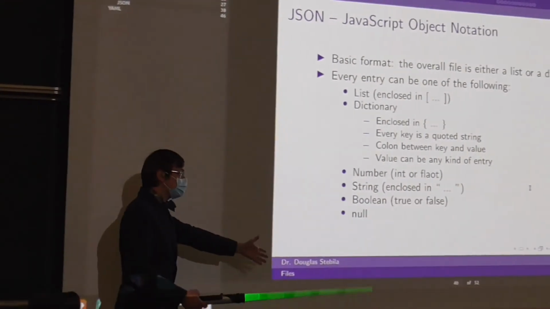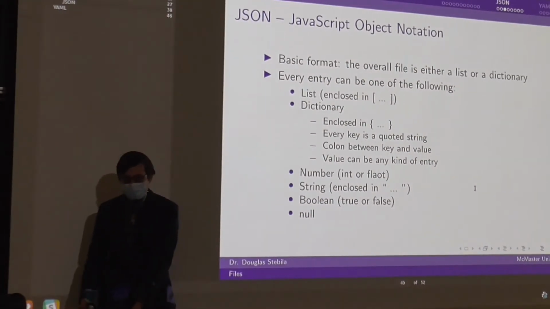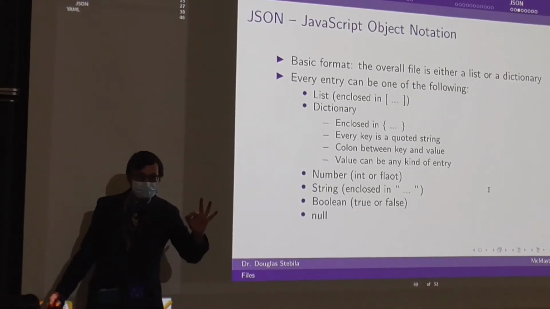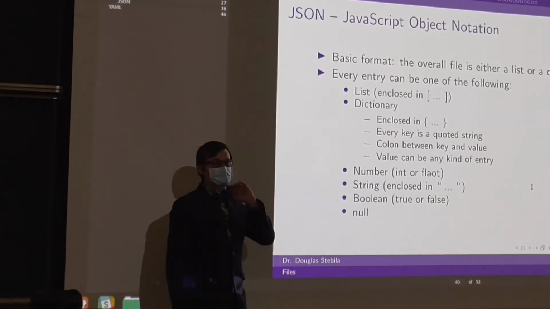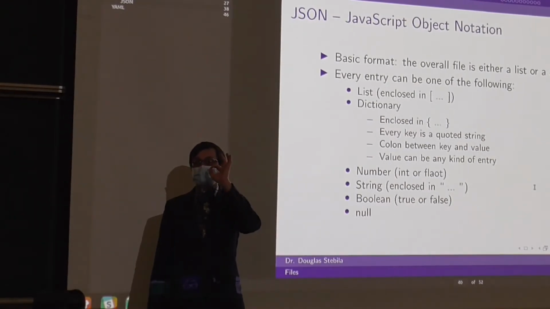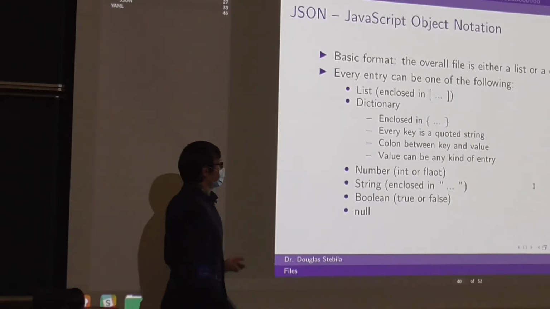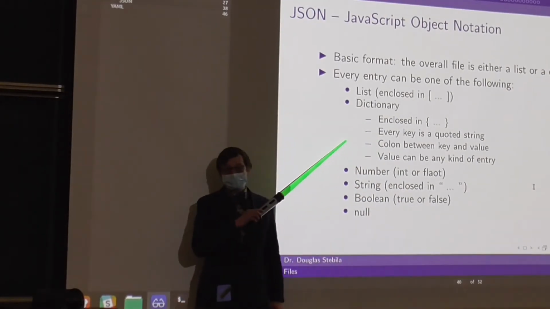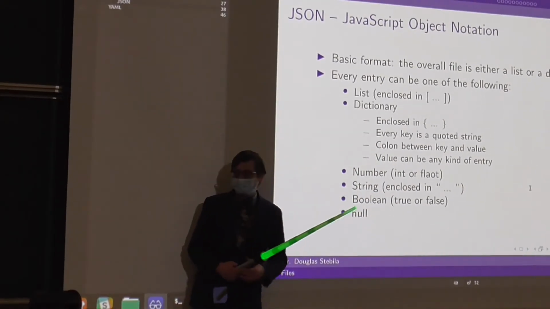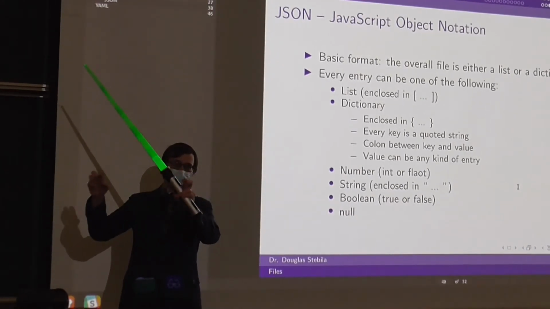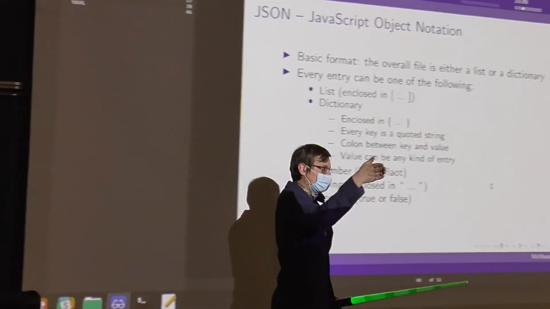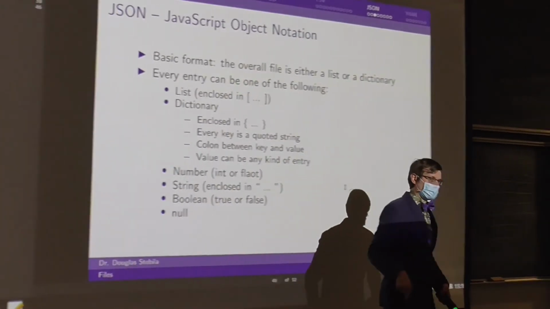Because attribute names and field names are strings, it makes sense that these are strings. In terms of syntax, it's exactly the same as what you're used to in Python. You have a quoted key name, colon, and then whatever is in the dictionary.